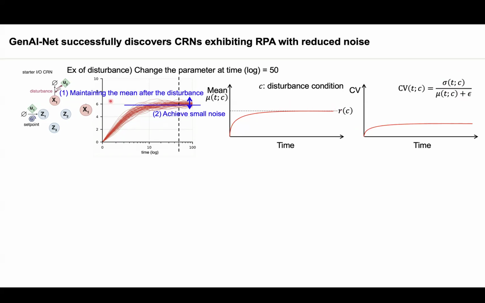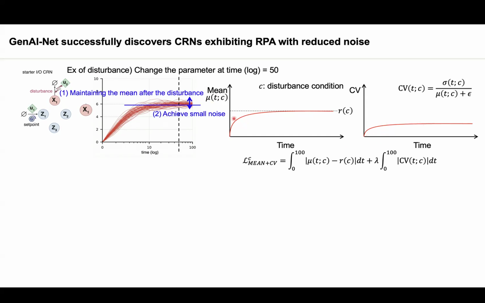To achieve the first objective, we form a loss function as the integral of the difference between the simulated mean and our desired value for the target mean level.